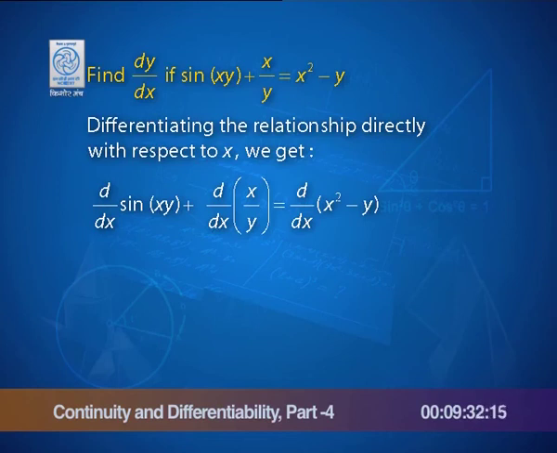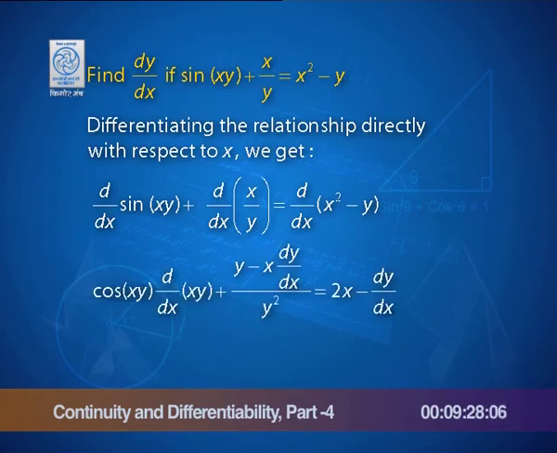The first term, that is sine of x into y, gives us cos xy into derivative of xy, chain rule again, plus what happened here? What I have used is what you see, I read it as x by y. So, there is a clear presence of quotient rule.